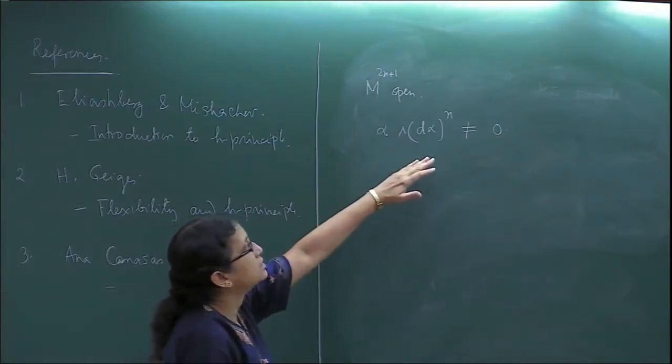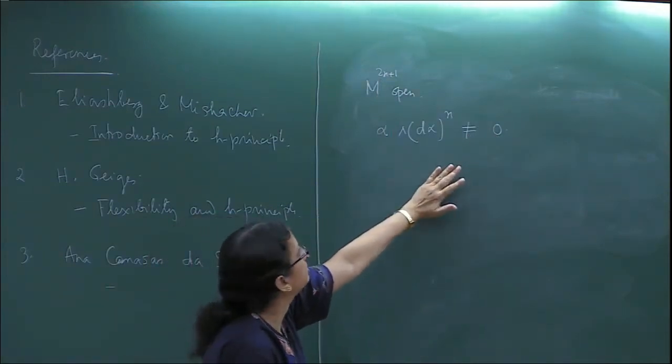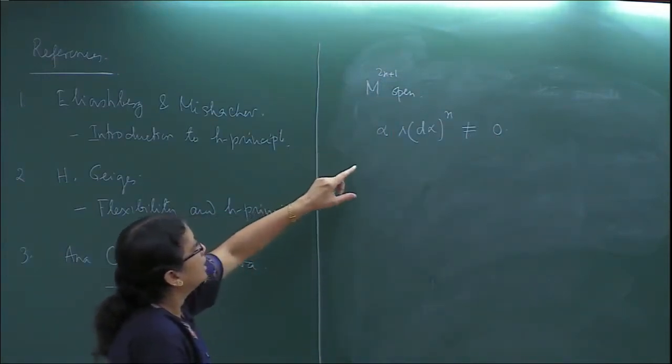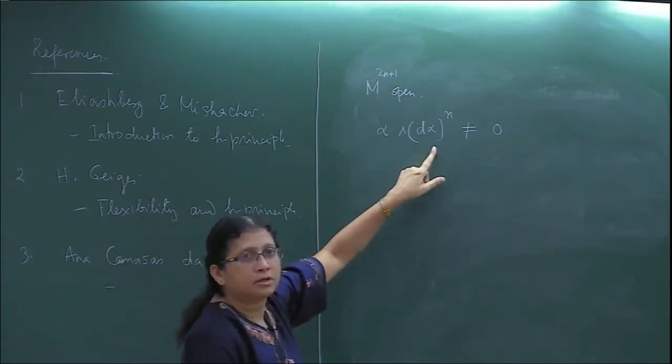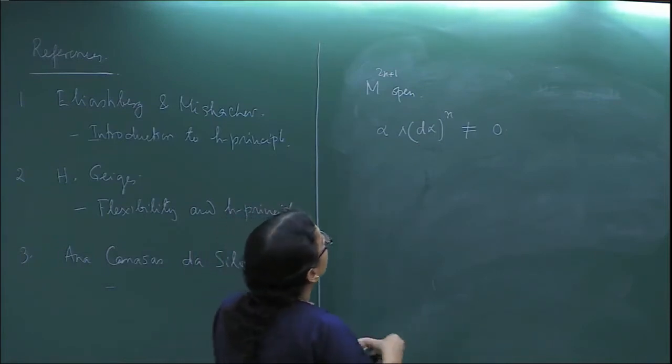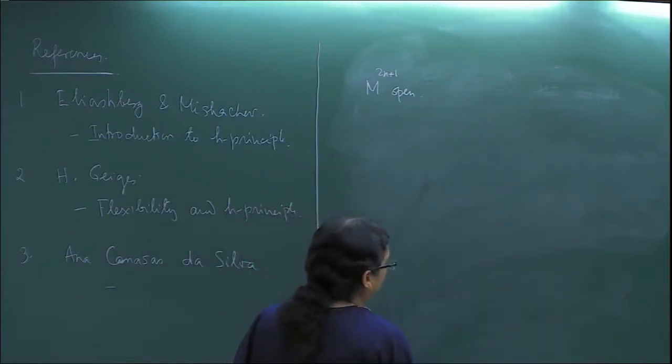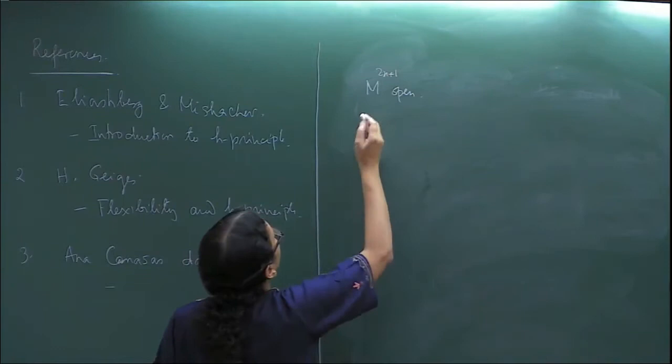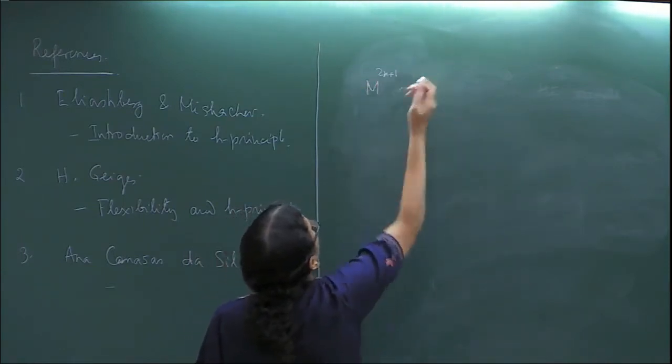I mean by this nowhere vanishing. Okay, so here is your differential part which is sitting. So I will state this as follows. So I introduce a definition. Of course, a definition doesn't need open or anything.